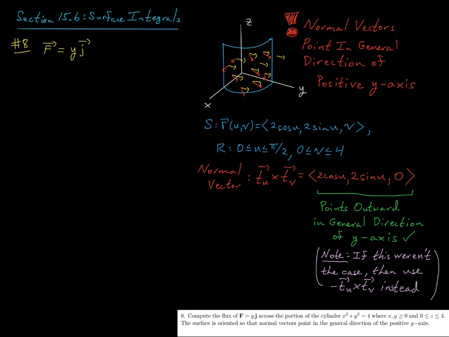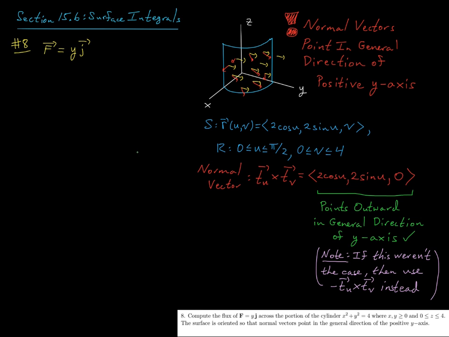Okay, now let's say the surface was chosen so that normal vectors actually pointed in the general direction of the negative y-axis. If that were the case, then our parameterization would not be consistent, and we would just take the opposite of this vector, so we'd be using these inward pointing normal vectors, okay?